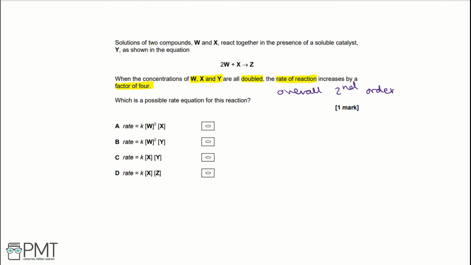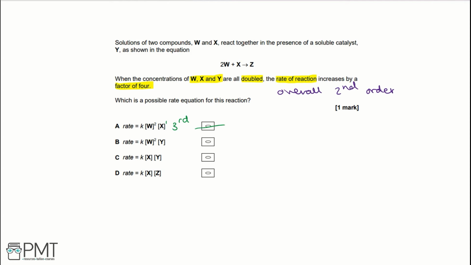And when we double this concentration, the rate will increase by a factor of 4. So if we look at our 4 different possibilities and identify if they have an overall second order rate, looking at A, we have an overall third order reaction because we have 2 plus a 1, so that's 3, so it can't be A.